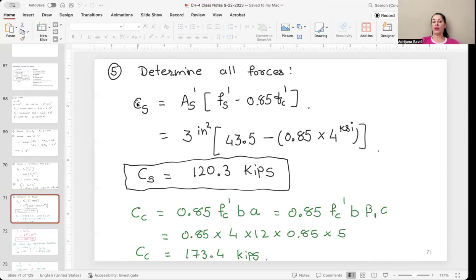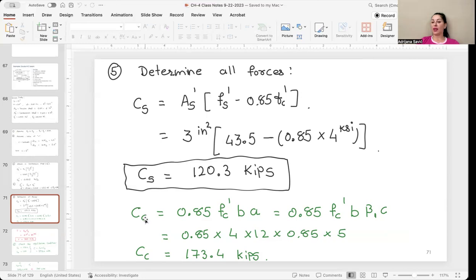Force from steel in compression will be As prime, which is 3 inch square, times Fs prime. We calculated this to be 43.5 minus 0.85 times Fc prime, which is 4. That is the compressive strength of concrete. And we obtained 120.3 kips for this force.